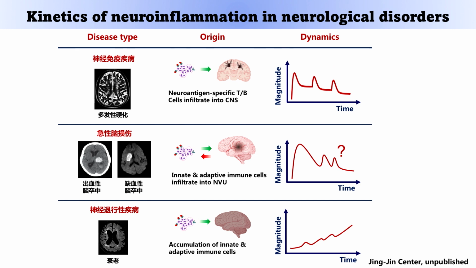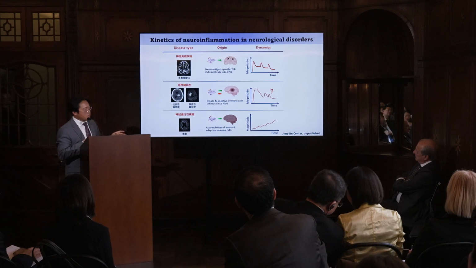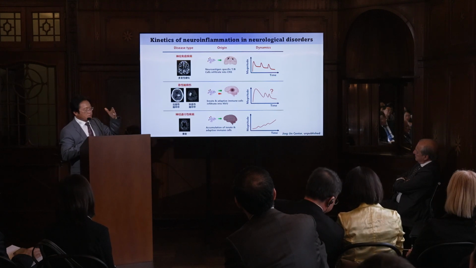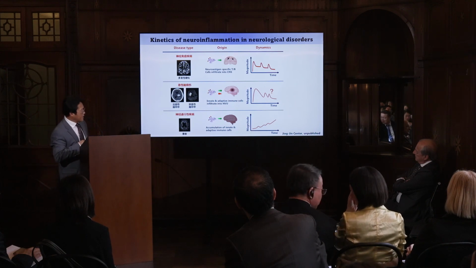However, we don't really know how long the inflammation persists, or if it disseminates across the brain over time. So upon TBI or other acute injury, there will be a lot of cell death, but how long it will last and will that spread across the brain, we don't know.